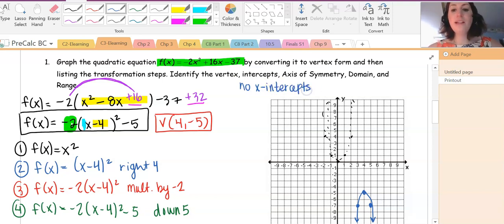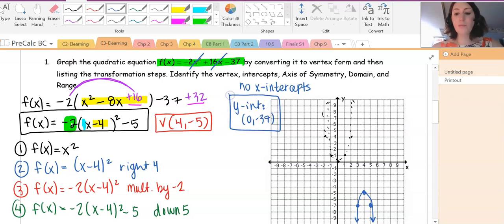Now I know based on my picture, it doesn't look like I have a y-intercept, but I will eventually. Your y-intercept, remember, is just f of 0. So when we plug a 0 in for x, we'll see our y-intercept is at 0, -37. So it doesn't fit on my graph quite exactly.